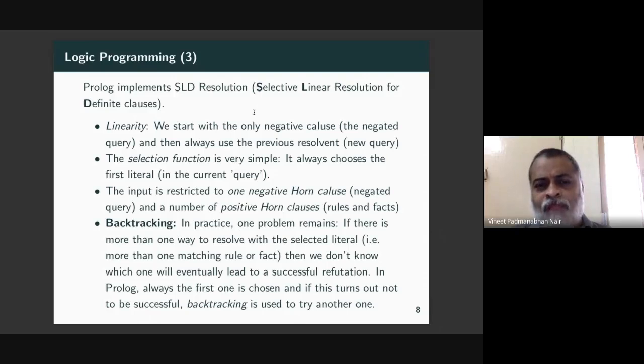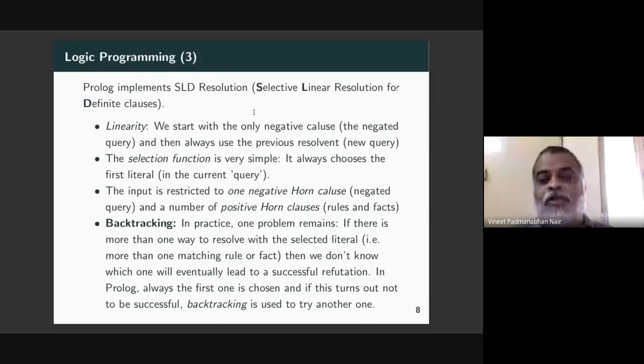So we start with the only negative clause and then always use the previous resolvent, that is a new query. The forward chaining and backward chaining example which we saw in one of the classes is pretty much the same. The selection function is very simple. It always chooses the first literal in the current query.